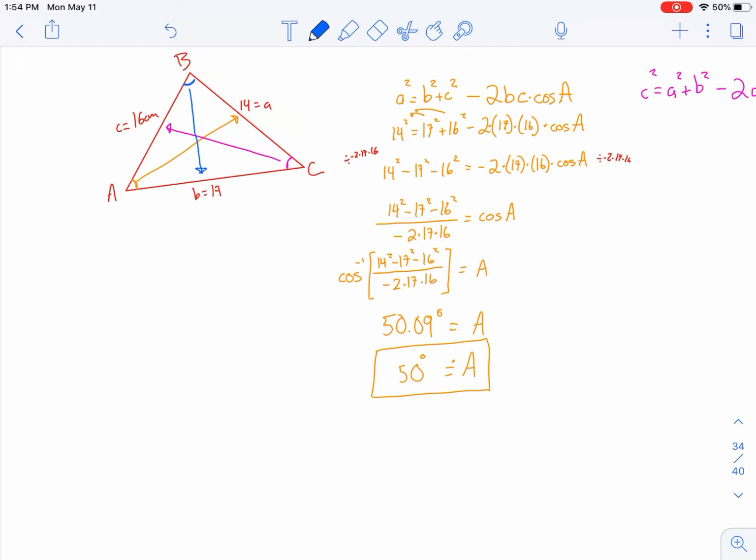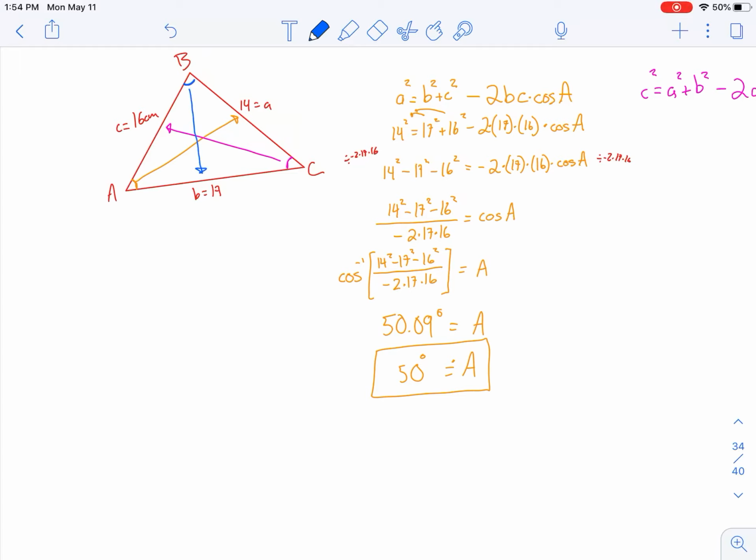So calculator work here. Once again, my calculator is pretty swift. It can do this all in one step. So that's going to be the sine inverse of 17 times the sine of 50.09 degrees, and all that's going to be divided by 14.